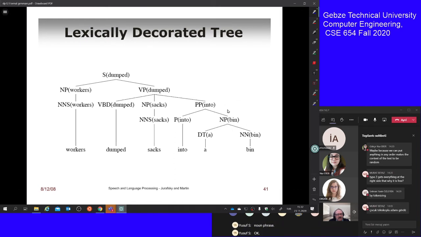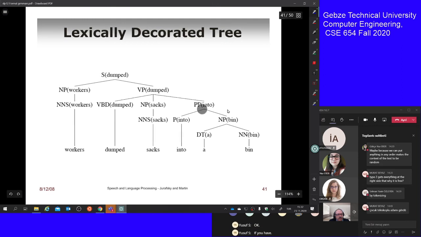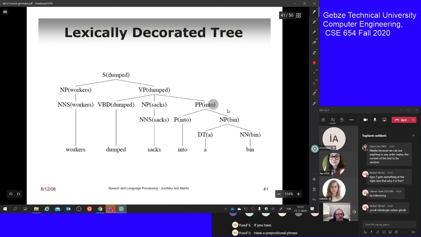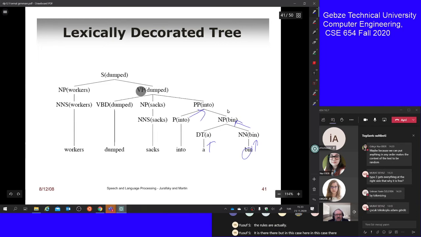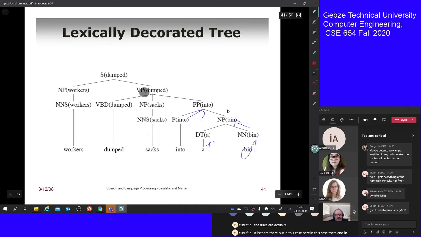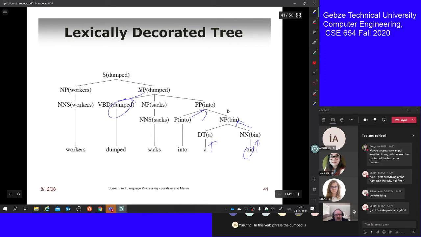If you have a prepositional phrase, then this part goes there. So the rules are there, and in this verb phrase, the dumped is important. It is here, and in a sentence, the verb is important. Okay. So dumped is the head of this tree.